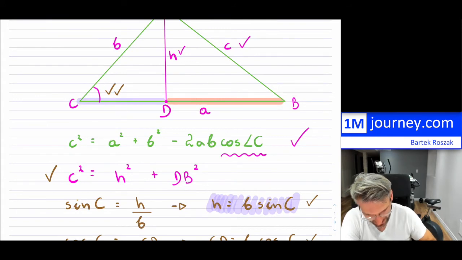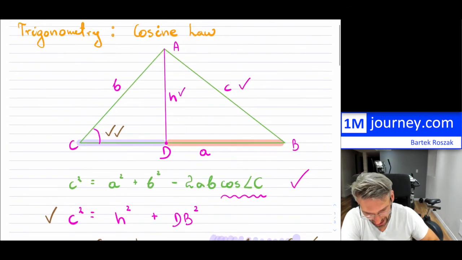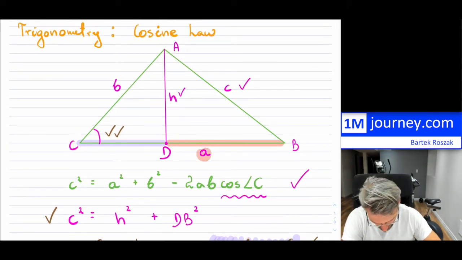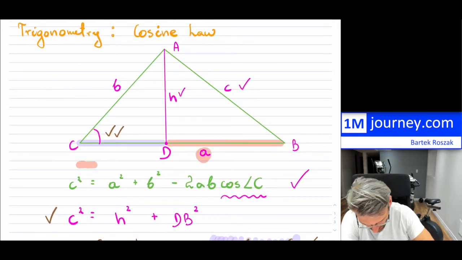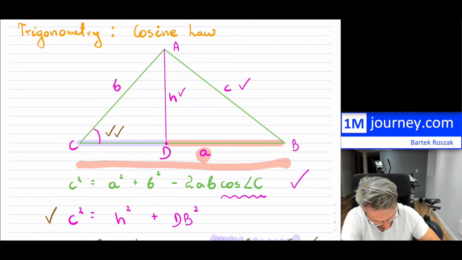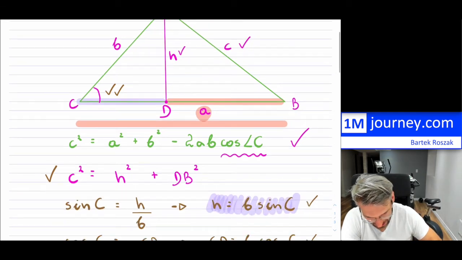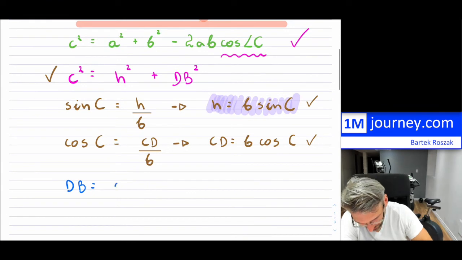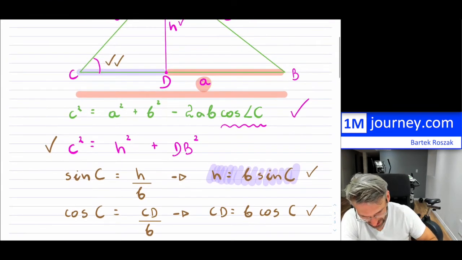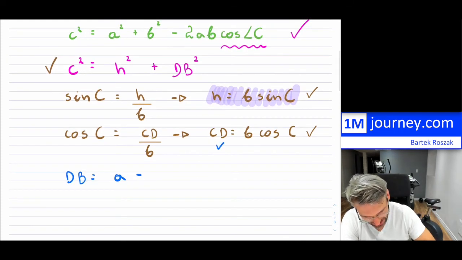That distance is equal to the entire A. So let's not forget, this whole entire piece of that triangle is A, and it is A minus this distance right here, which was just CD. But I do know what CD is.